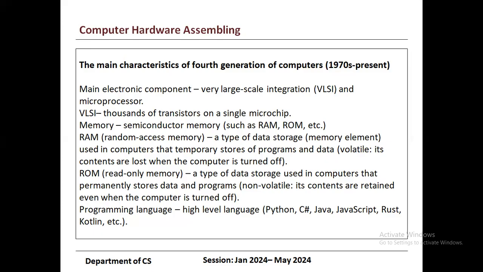So this is one of the disadvantages of this generation of computers. Fourth generation computers were smaller and more dependable, and graphical user interface technology was used in this generation to provide users with better comfort. So these are some advantages of this generation of computers.